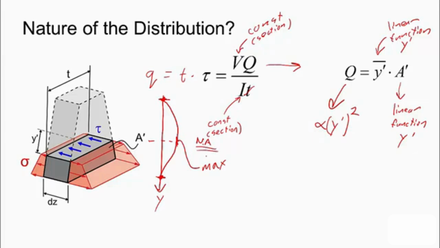So that is a little bit about the nature of our shear stress distribution or shear flow distribution, and we're going to talk about this a little bit more in later videos where we look at shear of thin-walled structures, because we're going to have a few more directions and a few more intricacies introduced.